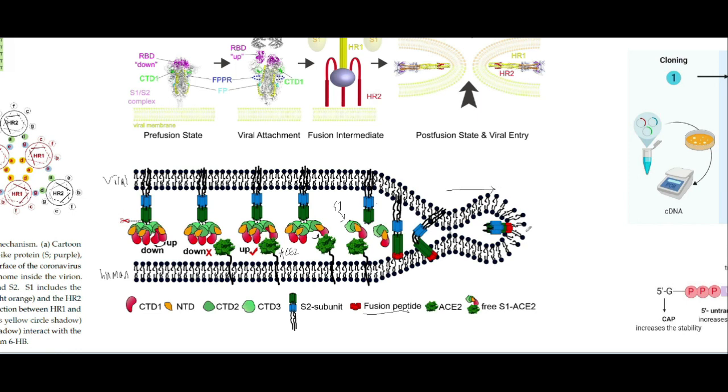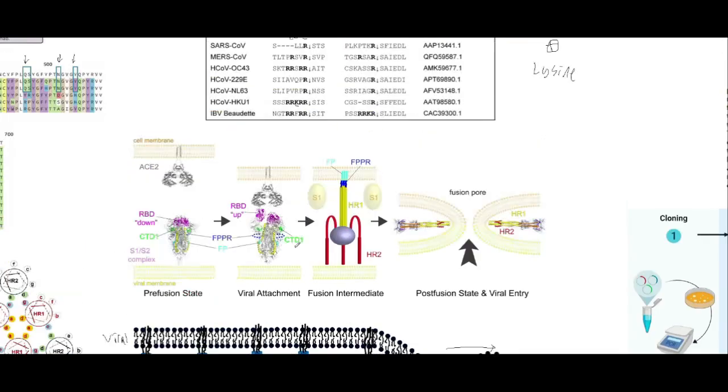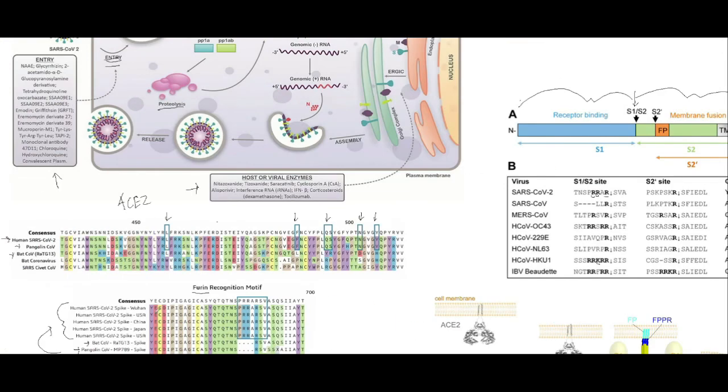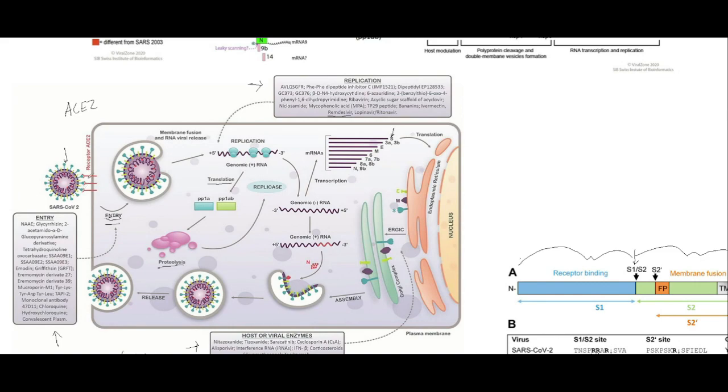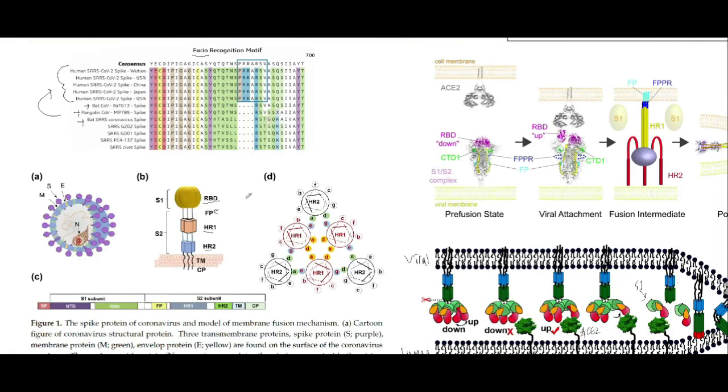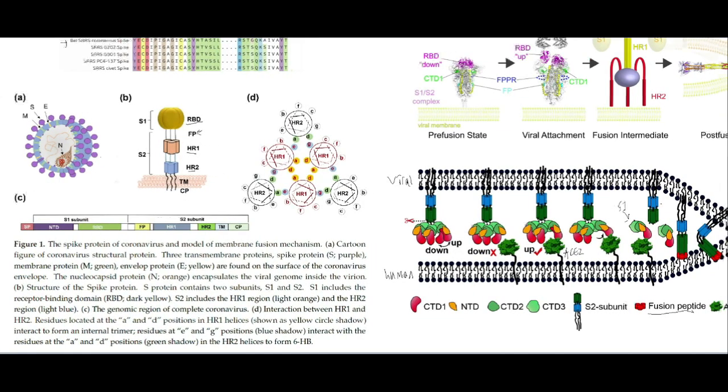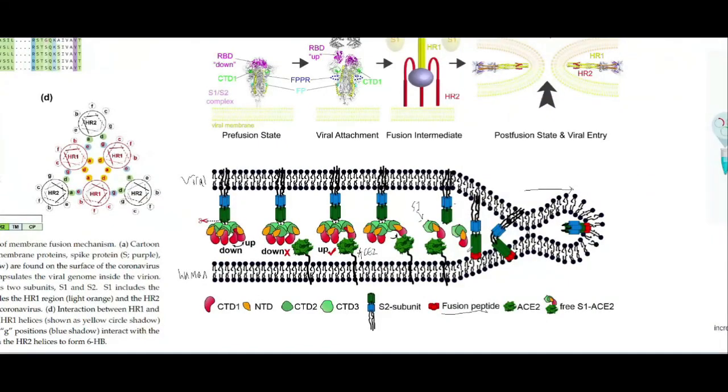It sort of clamped them together, and now we are combining our human and our viral membranes, so that, like we saw up here, then we can actually start bringing the virion into the human cell. And so, like I said, this spike protein undergoes a pretty large conformational change once the S1 domain is cleaved off.